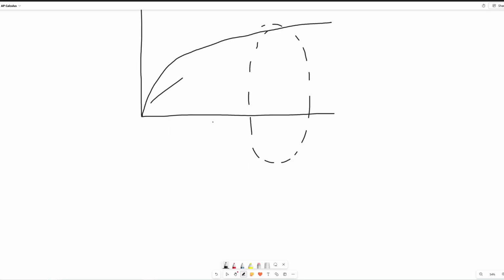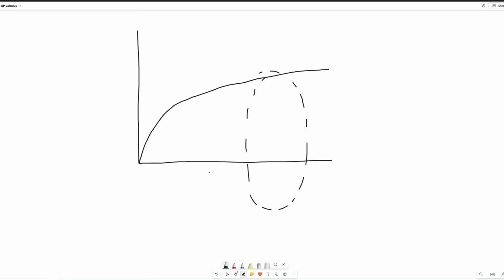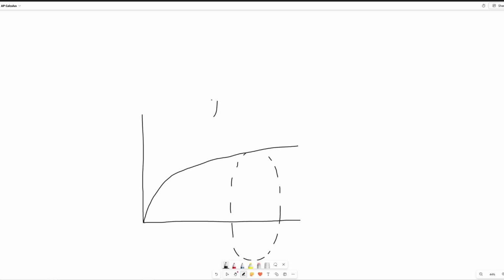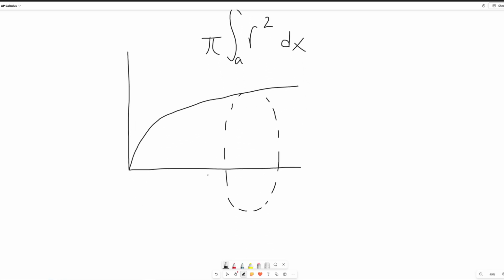Well, there is a formula for this, of course. So the formula is pi integral a to b of r squared dx. So what is this r? This r is the radius of these imaginary circles that we're taking.